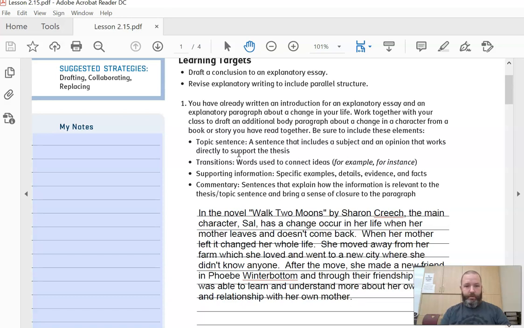Okay. So obviously, this paragraph could be a lot longer. That's a pretty decent sized paragraph right now. So there's our commentary. Actually, let's end with the commentary.